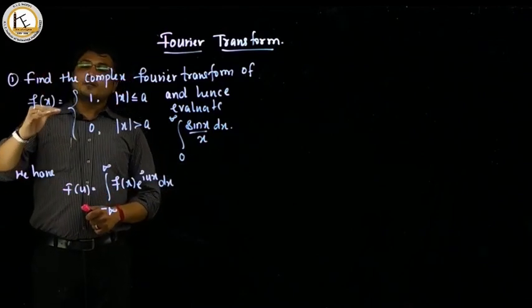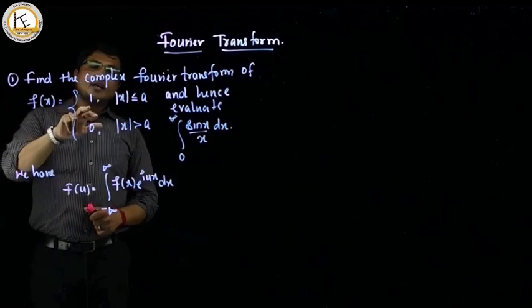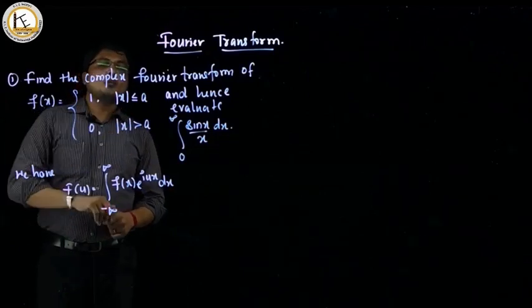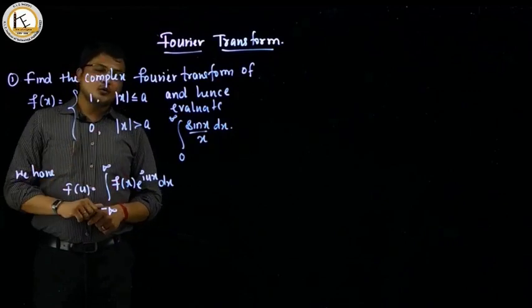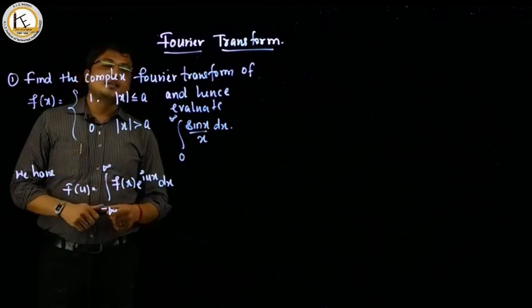But here f of x is defined as 1 for mod x less than or equal to a, and it is defined as 0 for mod x greater than a.